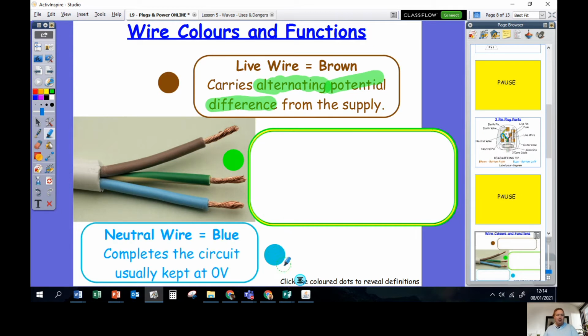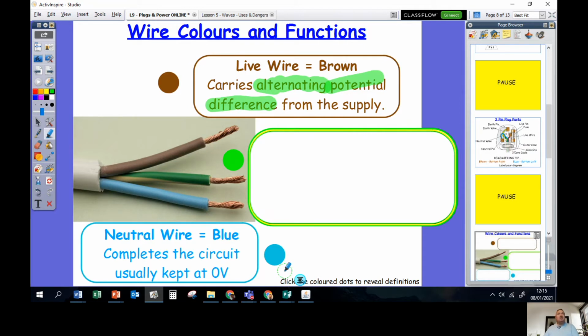The neutral wire is then the other side of the circuit. It completes the circuit and it sits there at 0 volts. So it's a bit like one end of the seesaw is going up and down and up and down and up and down, but someone standing beside the seesaw is just standing there at 0 volts, watching someone be higher than them, then lower than them, then higher than them, then lower than them. They just sit there at 0.